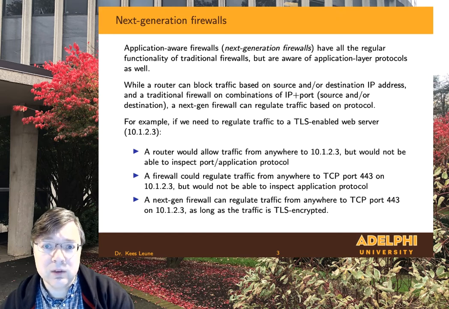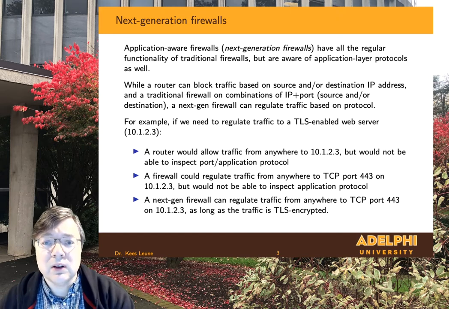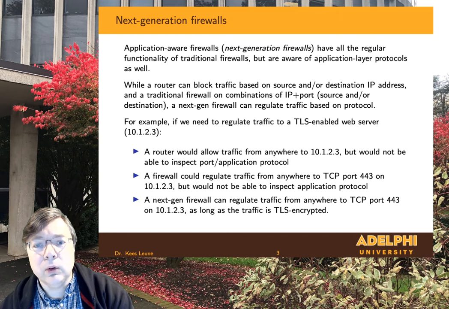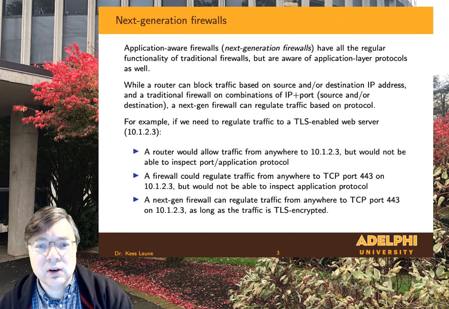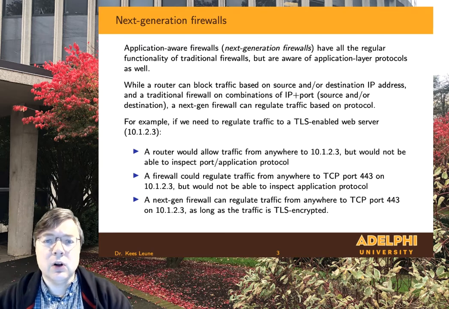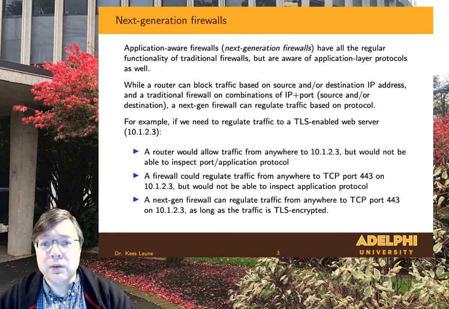For example, if someone would be able to compromise that server and disable the web server, they could easily stand up a quick netcat listener to exfiltrate non-TLS traffic from there, and the firewall would be more than happy. The firewall would see, well, this is traffic going to TCP port 443 on this IP address. That's allowed. Nothing wrong here. Carry on. Yet that's not the desired behavior that we're looking for.